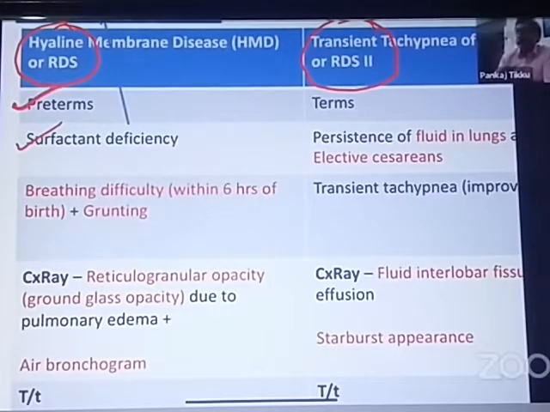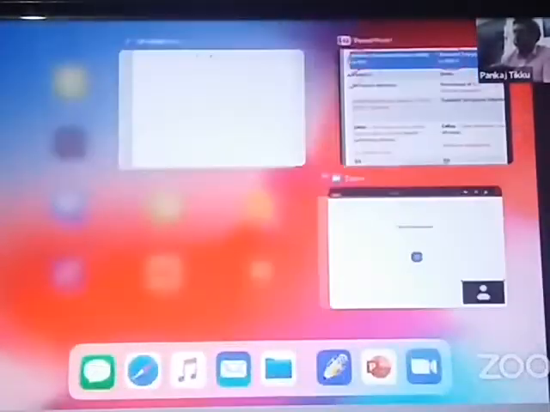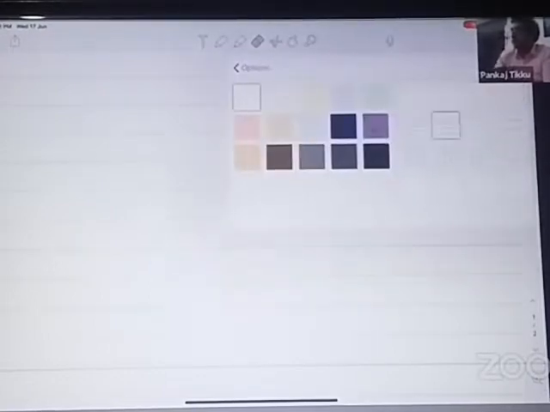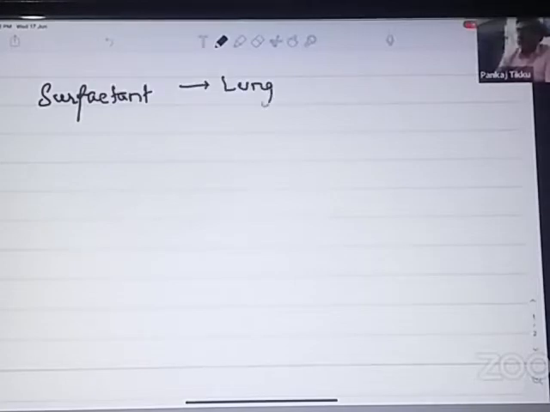So the thing that you should know is that the surfactant is known to be present in the lungs at around 20 weeks of intrauterine life.